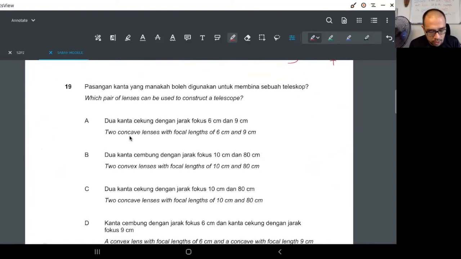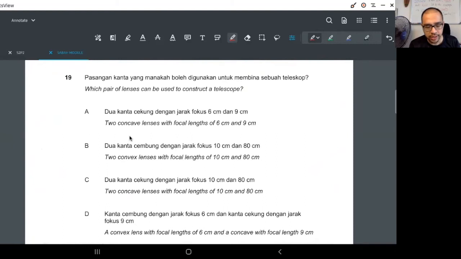Which pair of lenses can be used to construct a telescope? Two concave lenses with focal lengths of 6 and 9. Let's talk. Concave lenses are this kind of lens. Convex lenses are this kind of lens. Usually, telescope and microscope are the two diagrams where I will say, everyone, you have to learn how to draw these two diagrams.